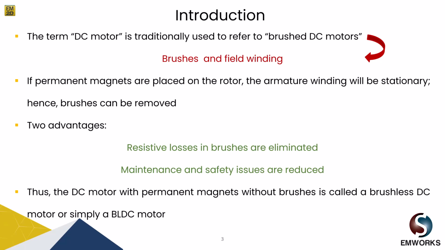This has two advantages. First, resistive losses in brushes are eliminated, and second, maintenance and safety issues are also taken care of. Thus, the DC motor with permanent magnets without brushes is called a brushless DC motor, or simply BLDC motor.